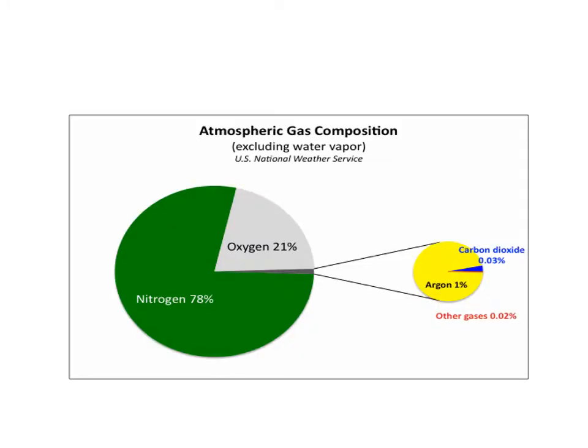So this diagram shows the atmospheric gas composition excluding water vapor. Here nitrogen constitutes 78% of the atmospheric gas composition, oxygen constitutes 21%, argon constitutes 1%, other gases 0.02%, and carbon dioxide constitutes 0.03%.